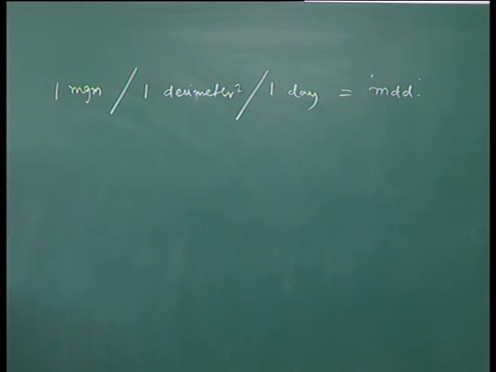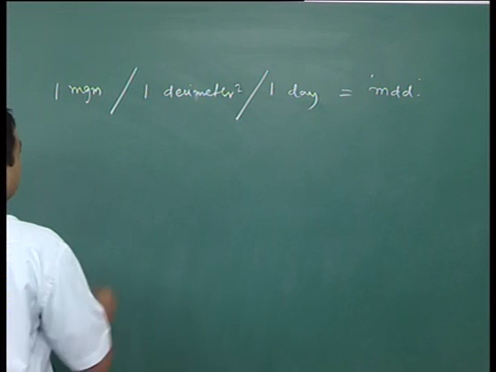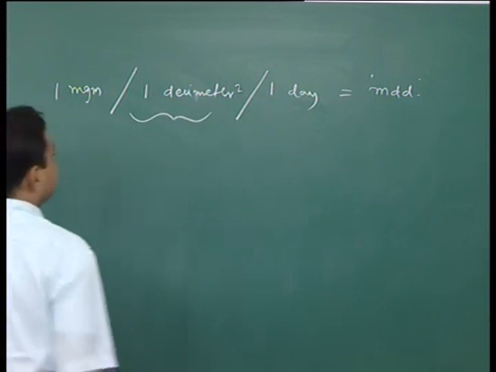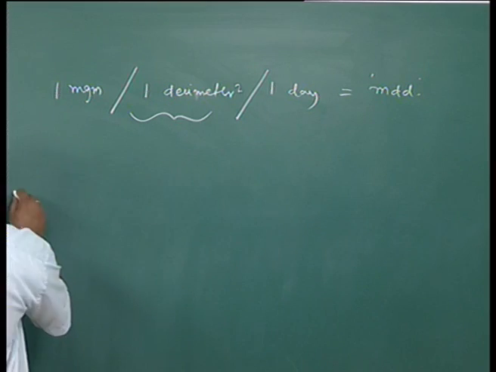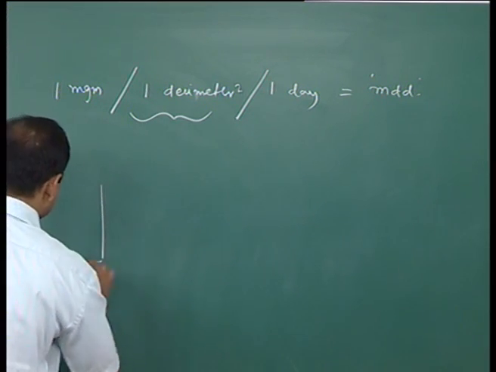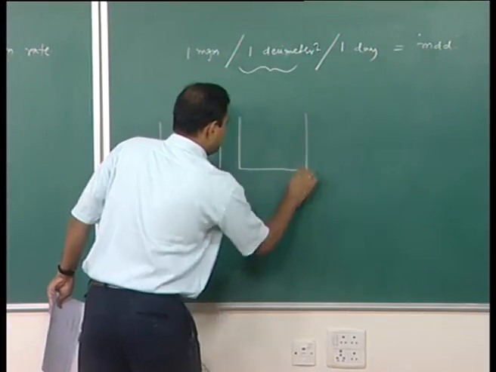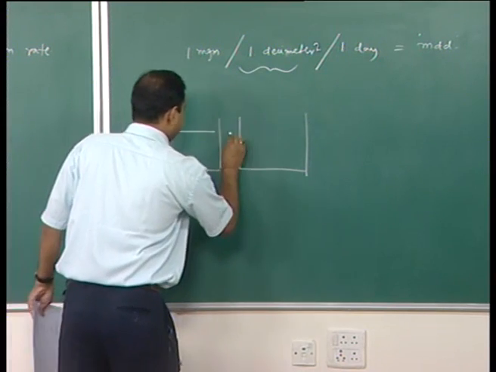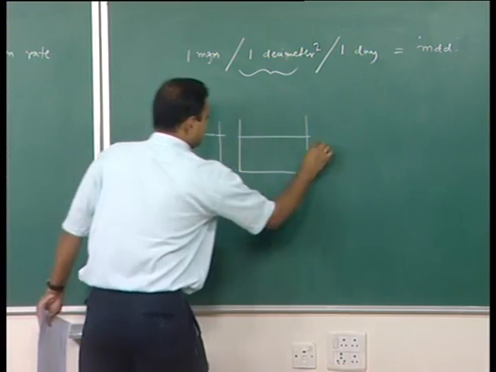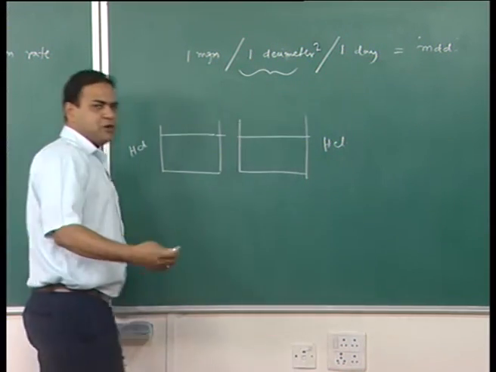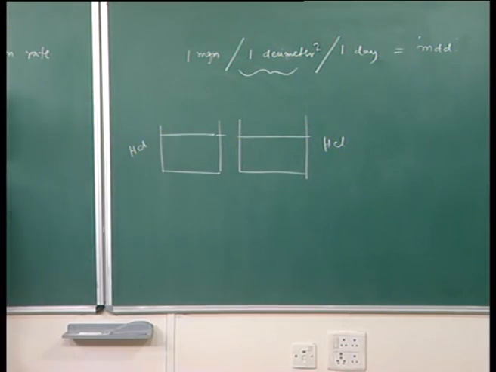Now, one important point is why we need to divide this weight loss by the area. Let us say you have two beakers and you have kept the same solution, HCl solution, of the same concentration, of the same purity.